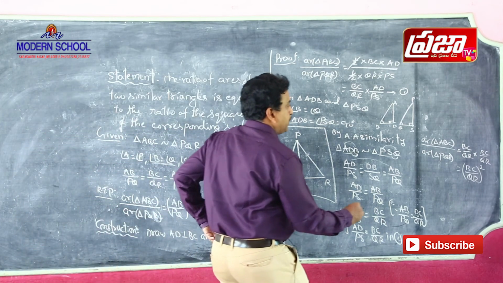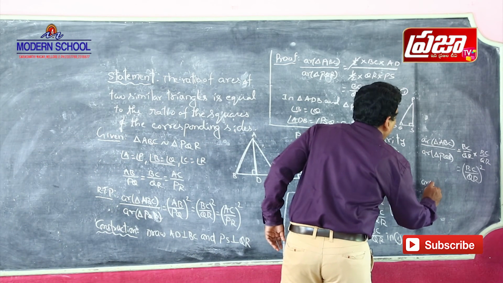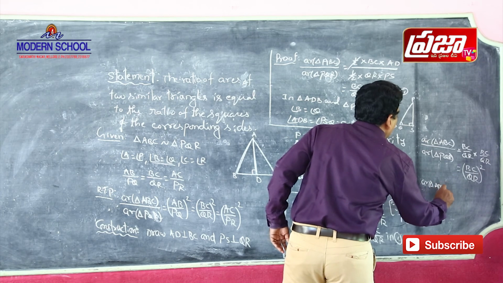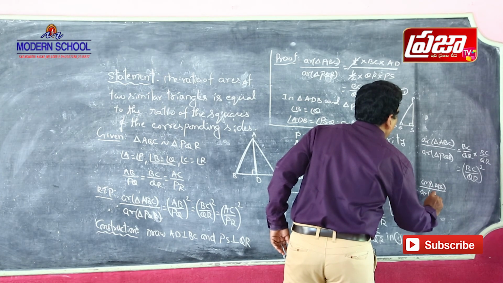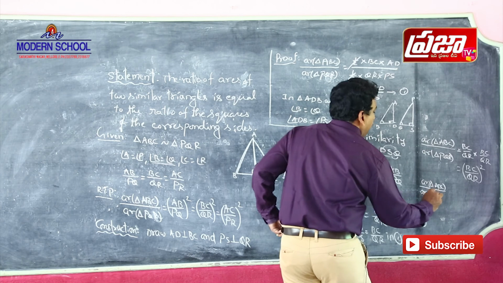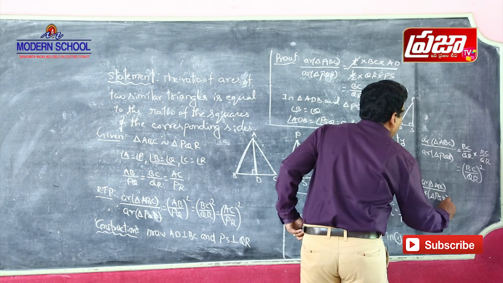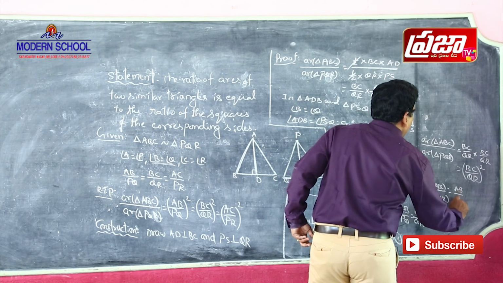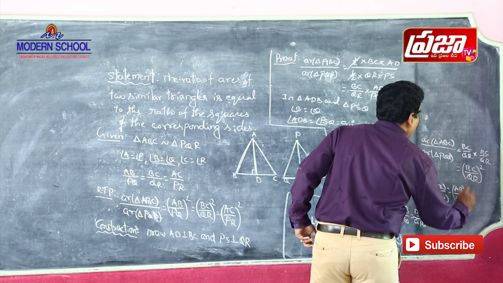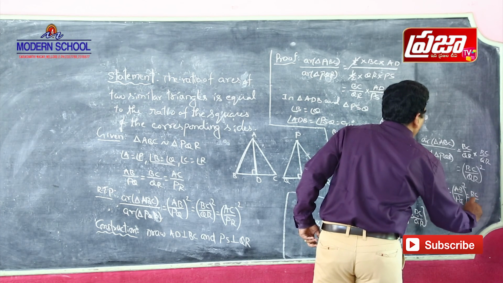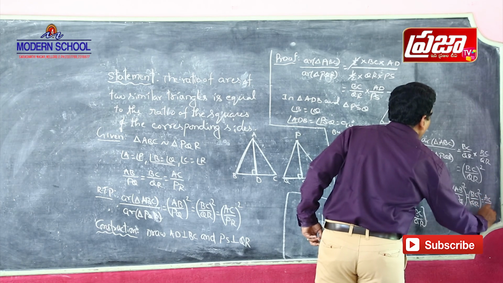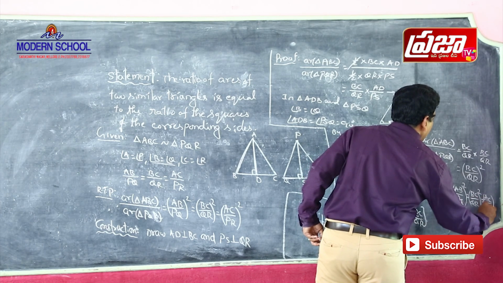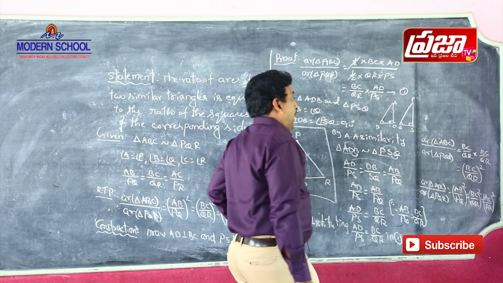Then what you get? Area of triangle ABC by area of triangle PQR is equal to AB by PQ whole square, equal to BC by QR whole square, equal to AC by PR whole square. Hence proved.